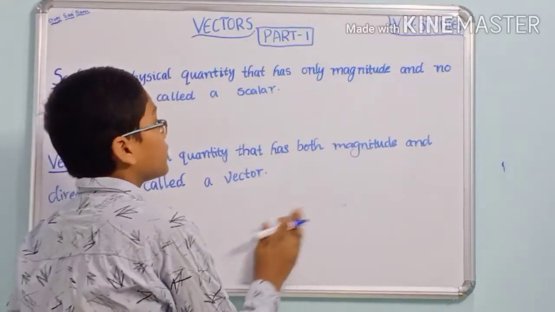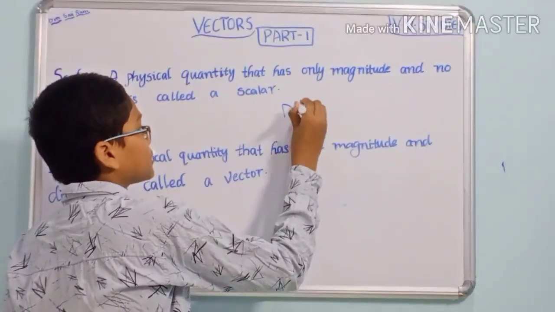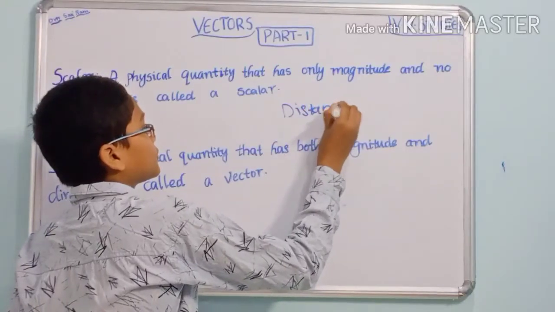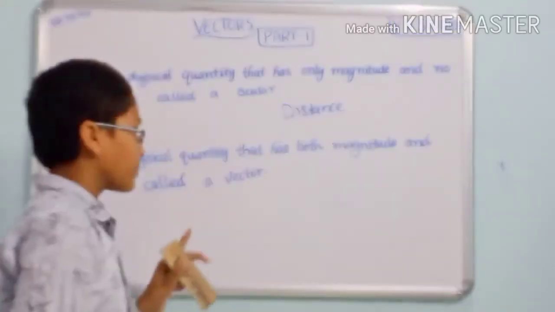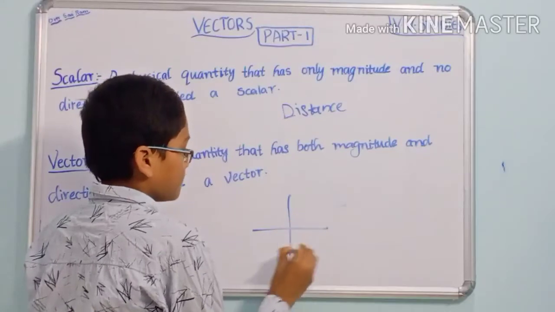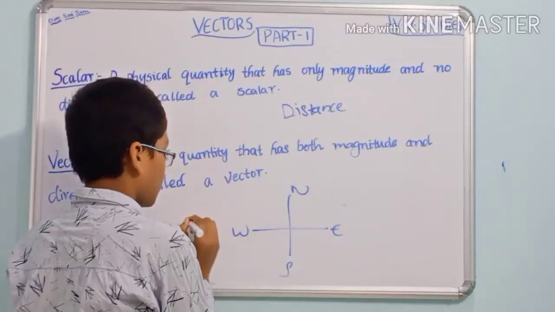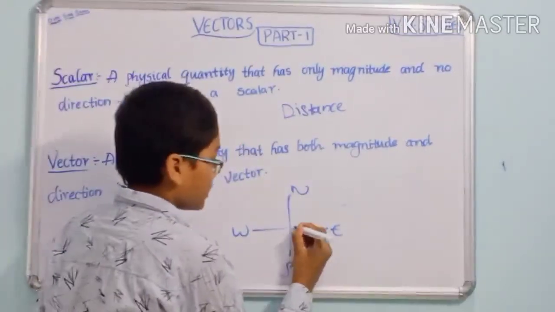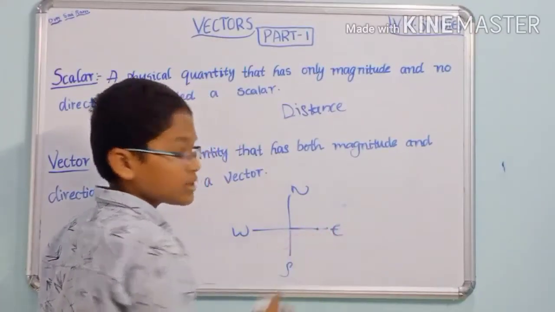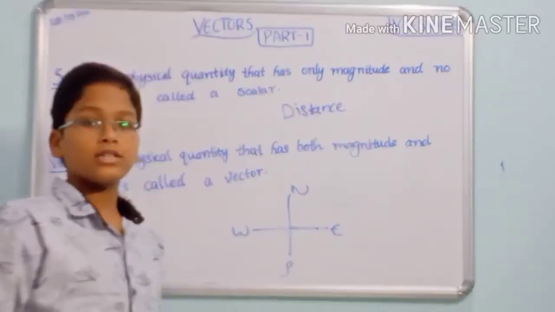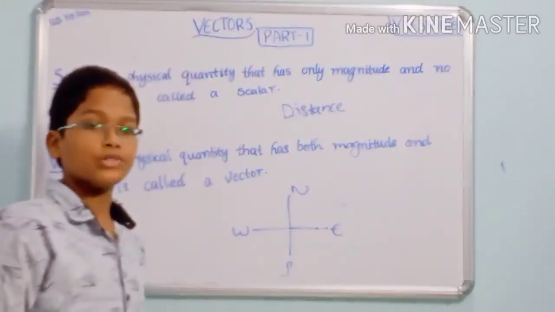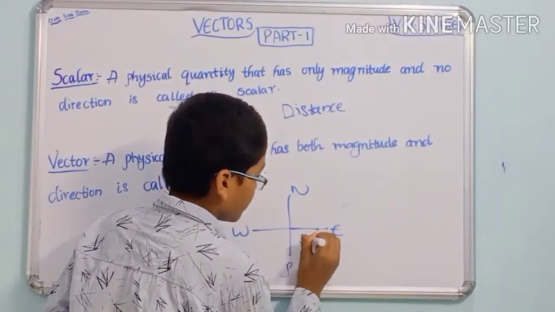For example, take distance. East, west, north, south. You traveled 5 meters east. If I ask what is the distance, you will tell 5 meters.